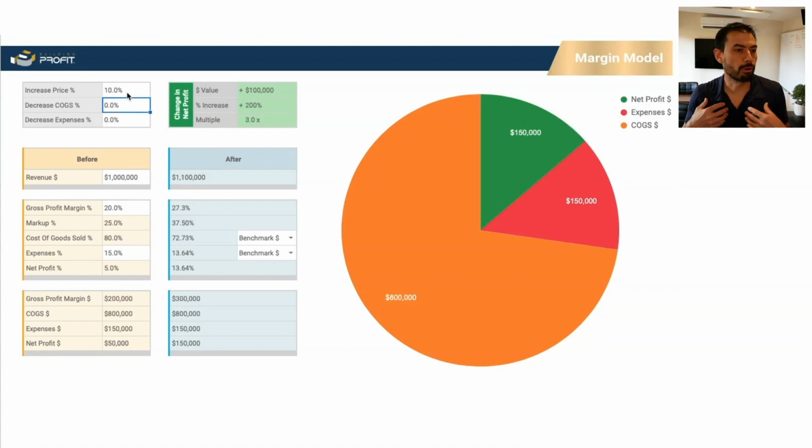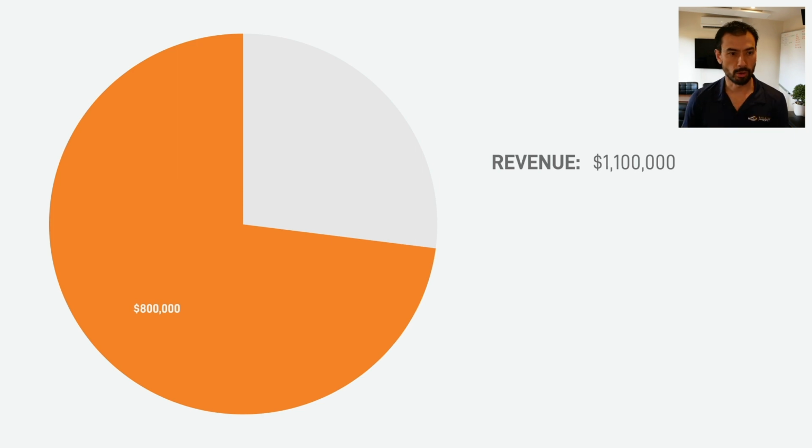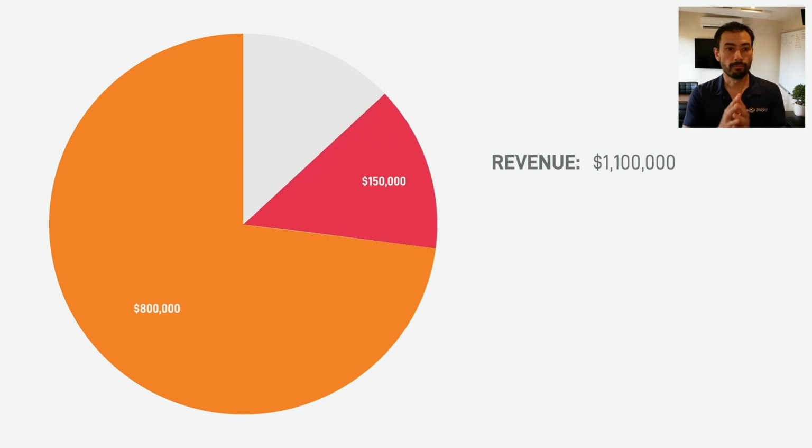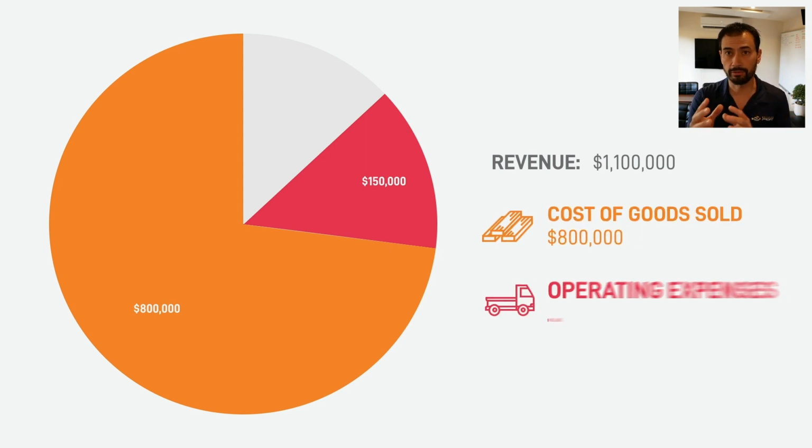So by increasing our prices by 10%, what we've actually got now, you can see this was the before, and in comparison to that, we've got an overall revenue of $1.1 million. We're still paying exactly the same amount for cost of goods sold. We're still paying exactly the same amount for expenses. That's $800,000 cost of goods sold, $150,000 for expenses.